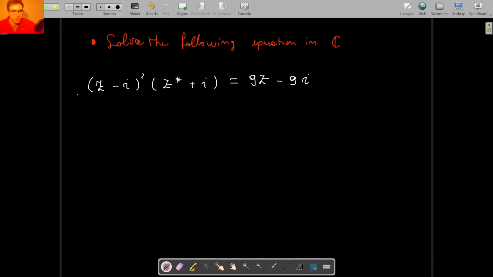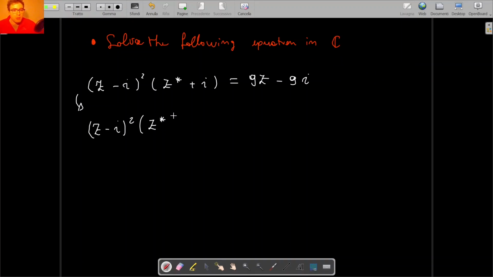So we perform this calculation, and we have (z minus i) squared times (z star plus i), where z star is the complex conjugate. Sometimes I will also use z bar to indicate the complex conjugate, but I can hop between the two.